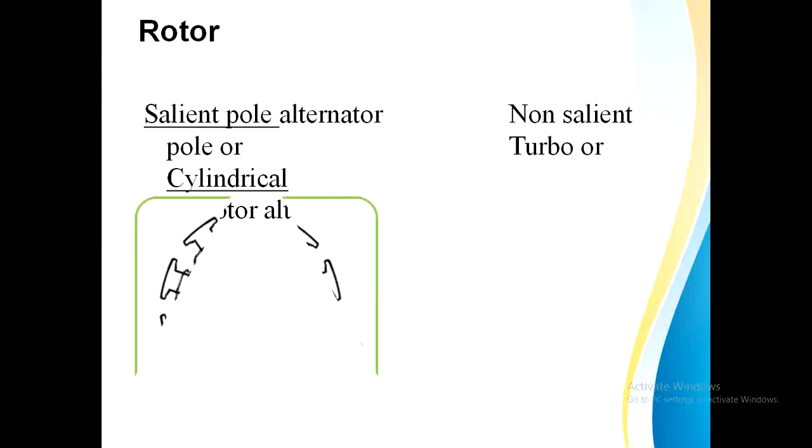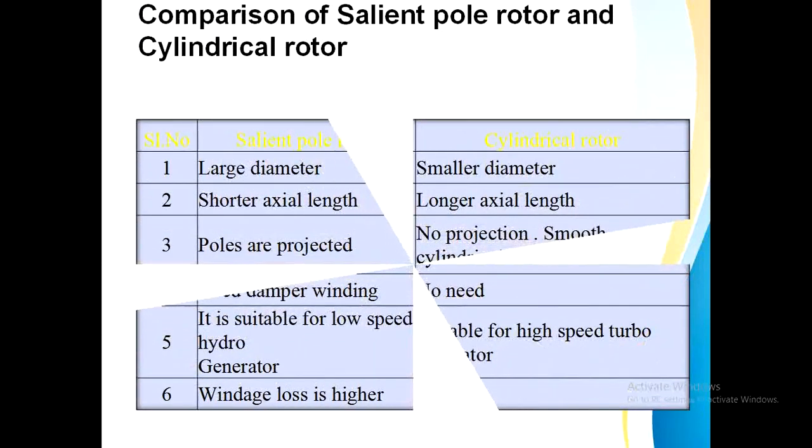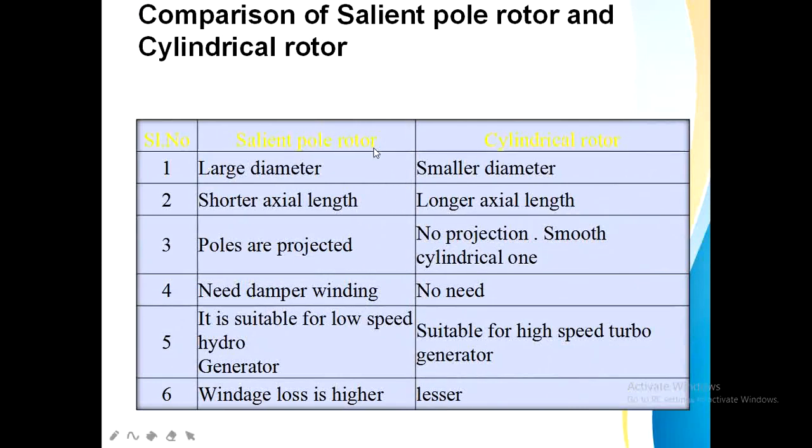Now, the comparison between the salient pole and non-salient pole type alternators is given here. For the salient pole type rotor, large diameter can be seen, but for the cylindrical rotor, smaller diameter is seen. Shorter axial length can be seen in the salient pole rotor, whereas longer axial length is seen in the cylindrical rotor.